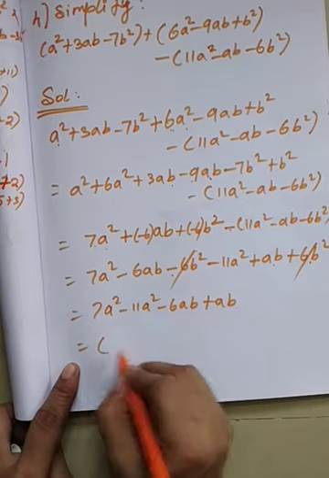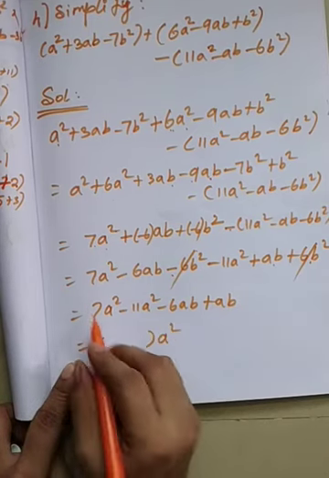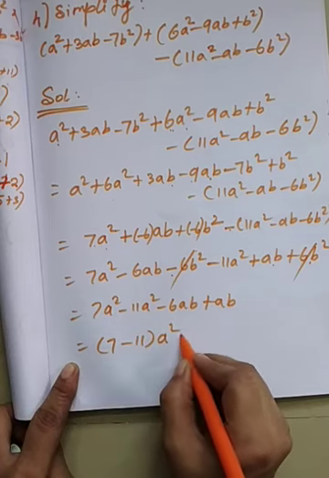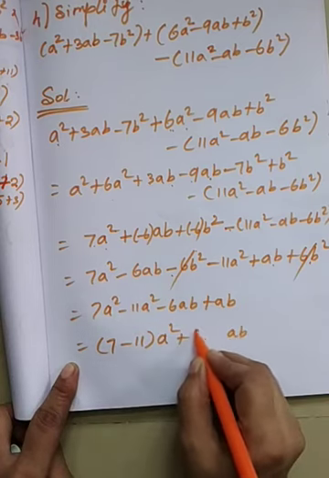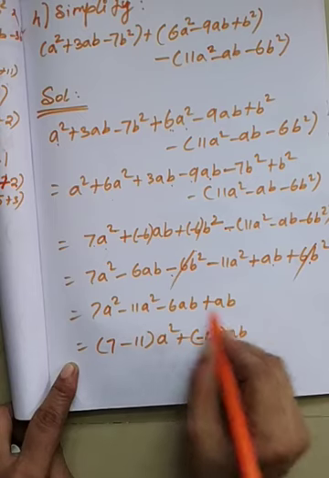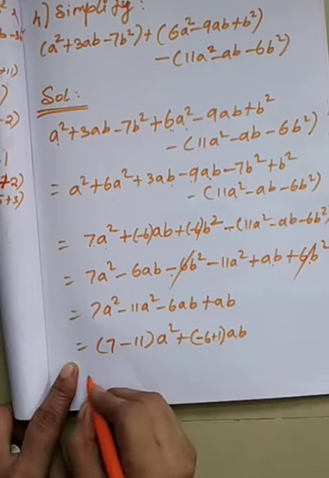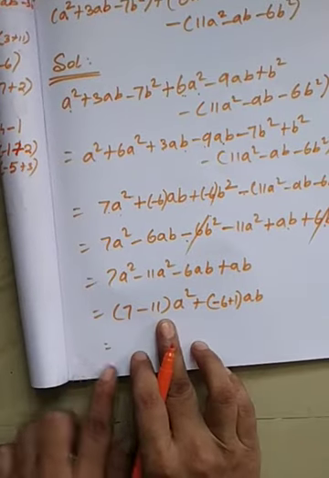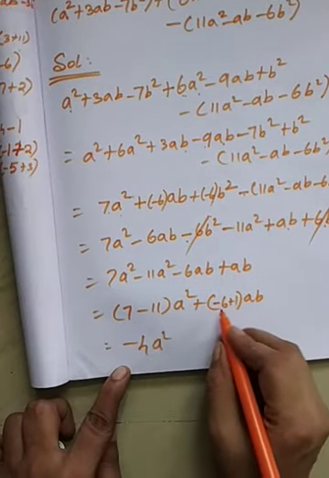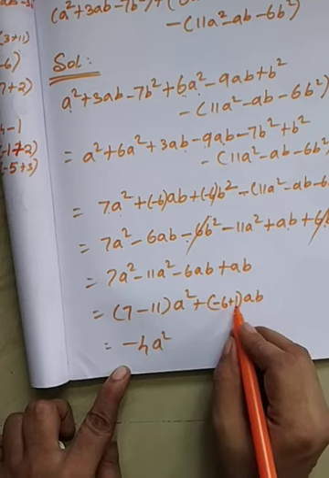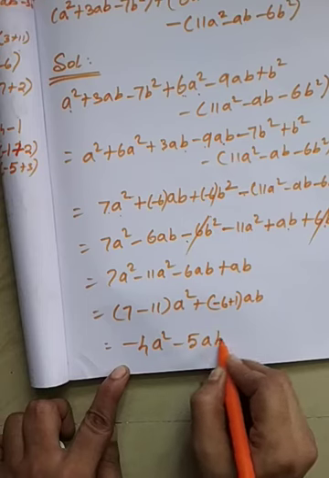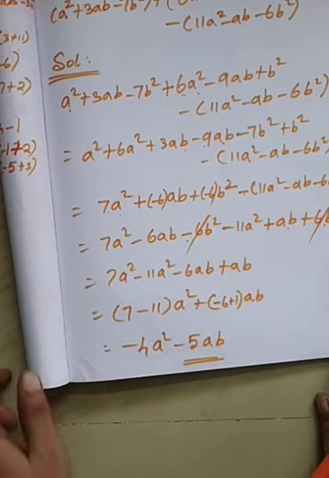What is that? a squared is the common value, write a squared. See 7 minus 11. In this one ab is the common value, write the remaining constant: minus 6 plus 1. Okay, what is 7 minus 11? Minus 4. Write this a squared. What is minus 6 plus 1? Minus 5. So minus 5ab is your answer.